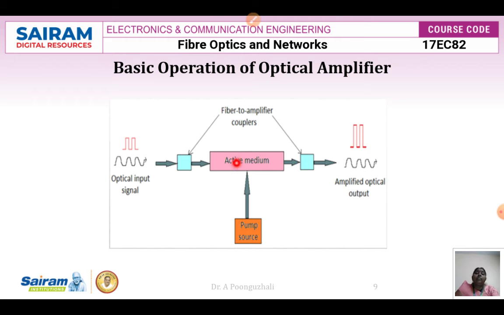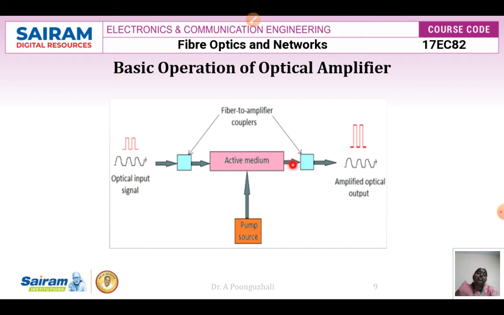In this active medium, there are chances of the power level of the signal decreasing. So to increase the power level of the signal, we use a pump source, which generates a signal or wavelength that boosts the power level of this signal. When the power level is increased, a longer wavelength is achieved.